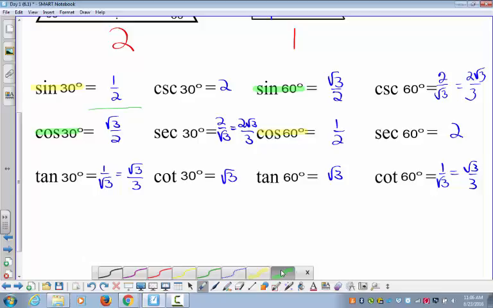What type of angles are 30 and 60? 30 and 60 add up to 90 degrees, so what does that make them? Complementary. And the trig functions that we're dealing with here are sine and cosine. There's a word called cofunction, and that's what sine and cosine are. Sine and cosine are cofunctions.